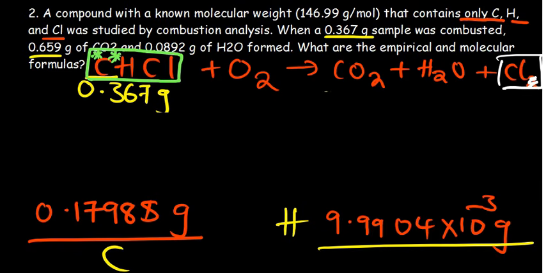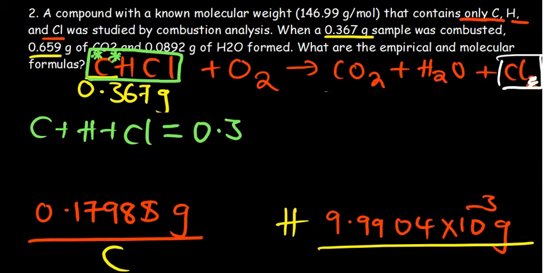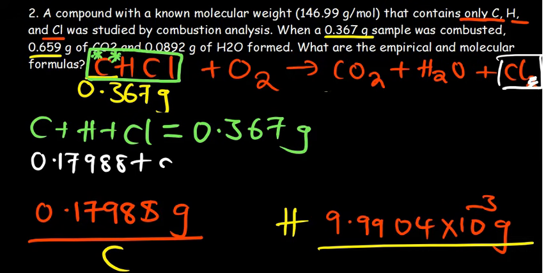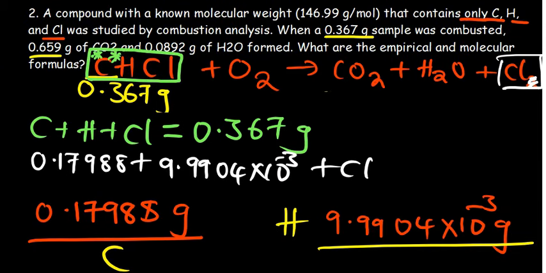The addition of carbon plus hydrogen plus chlorine masses is supposed to give us the total mass of 0.367 grams. For our carbon, we have 0.17988. For hydrogen, we have 9.9904 times 10 to the power negative 3, plus chlorine, which is supposed to equal 0.367.